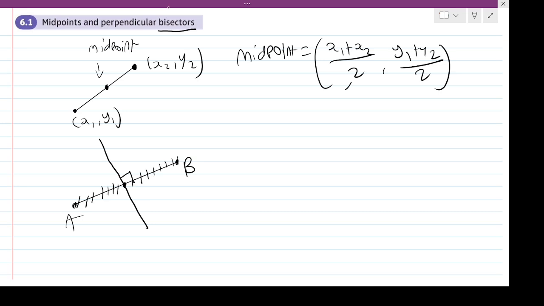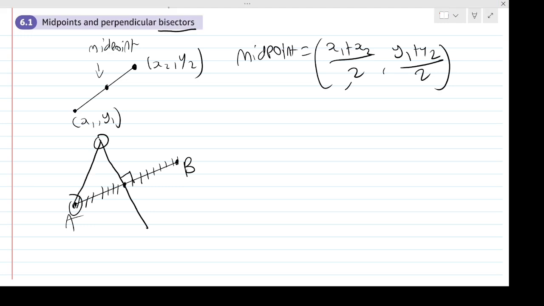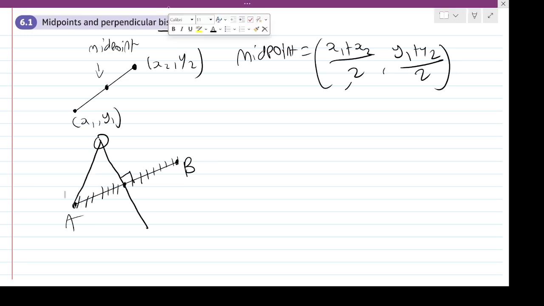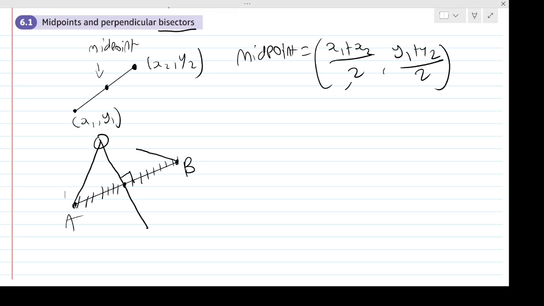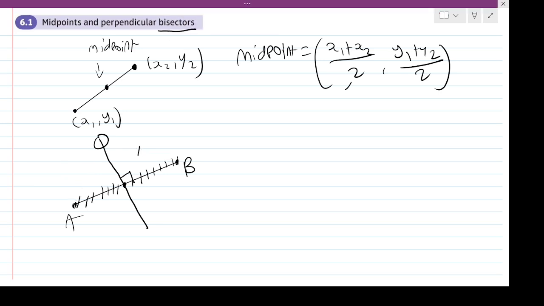For example, if we took the point A here and drew the distance from point A to the top of the bisector, and then drew from point B to that same point, those two lines, left side and right side, will be equal. So that's the idea of equally spacing apart the two lines. That's the perpendicular bisector.